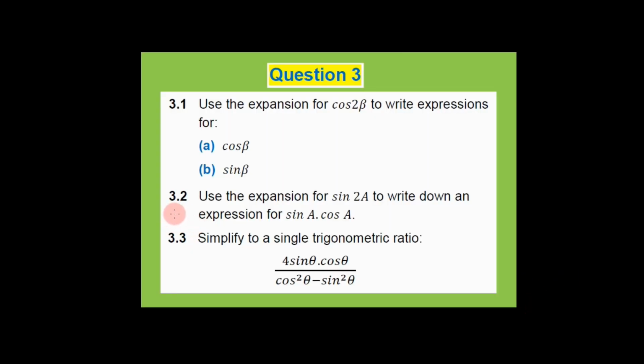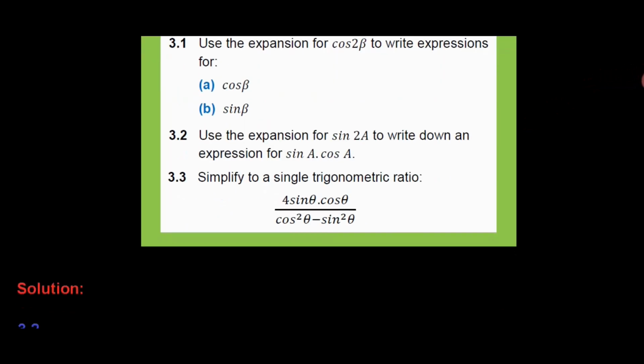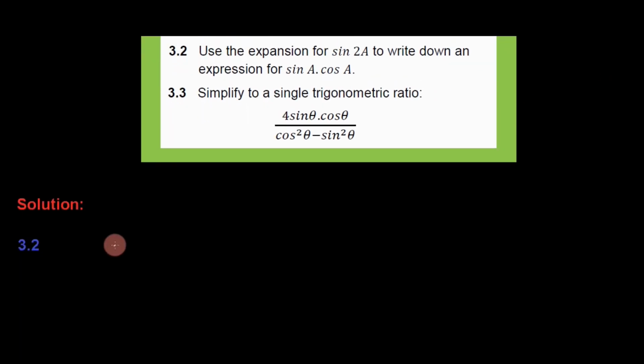Then coming to 3.2, we have to use the expansion for sine 2a to write down an expression for the sine of a times the cos of a. Of course, we know that the sine of 2a is twice the sine of a times the cos of a.